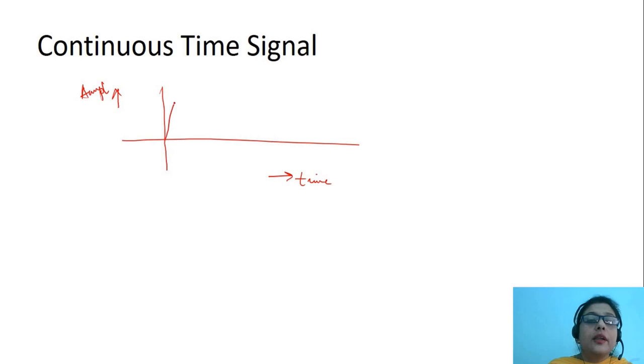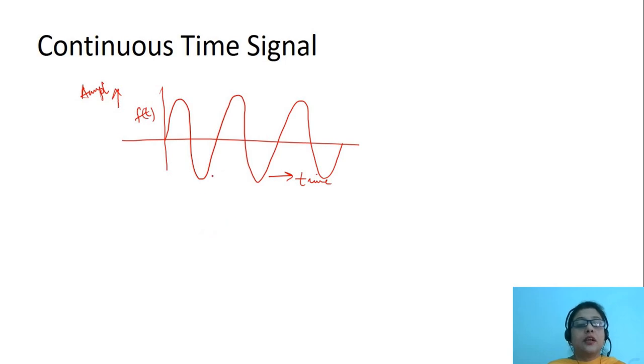So if we draw it like this, this is an example. Let's say we write it as f(t). So the signal is f(t), and here we are plotting time t. So starting from 0, this signal you see exists at each and every instant of time.